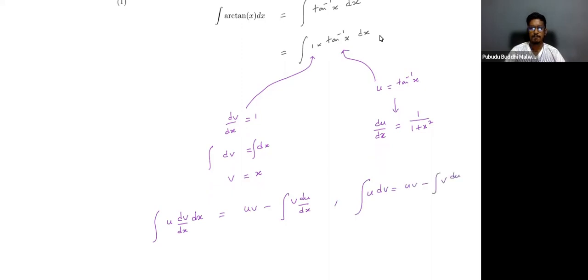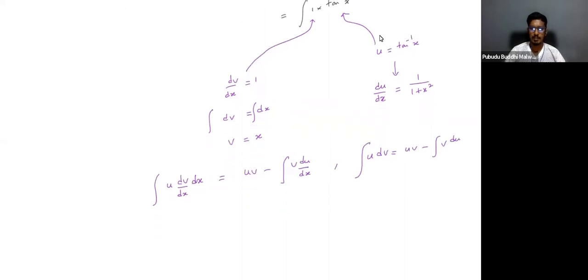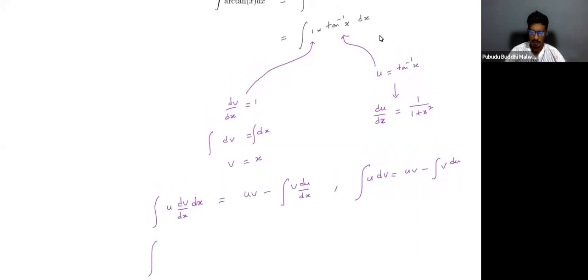Then we can easily complete this. Now, in this case, u is tan inverse x, dv over dx equals 1, right? So this function is 1 dx.